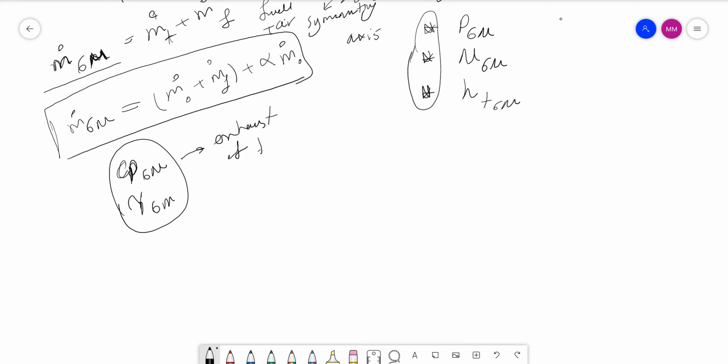We are dealing with a different gas, which is different from the fan, which is different from the turbine gas, right? So how should we deal with this? How should we find gamma or CP or other properties?